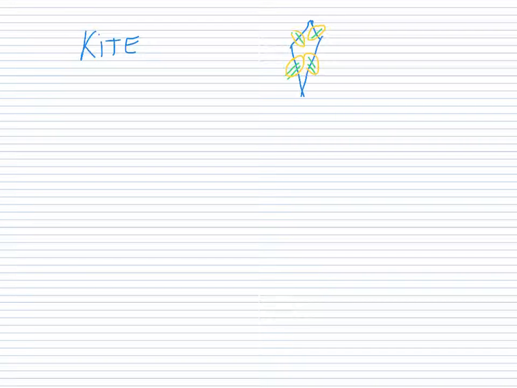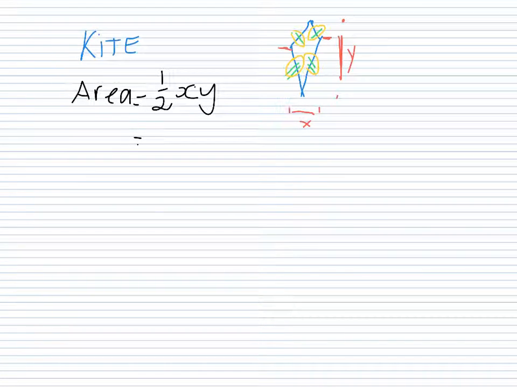What we also have, from this point to this point, this is known as the x-axis, and from up here to down here, this part is the y-axis. So our area formula is 1/2 x y.